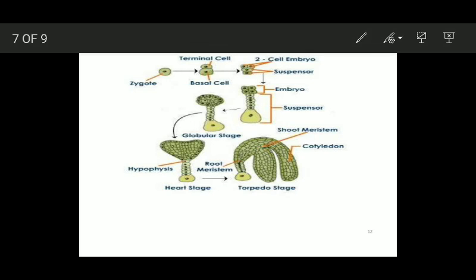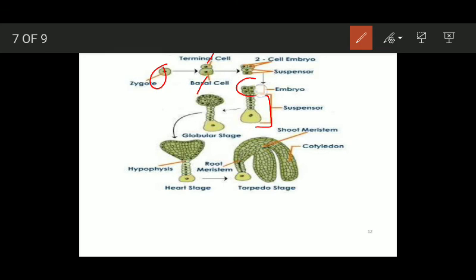Here you can see how embryo development takes place in dicots. You have the zygote, it elongates and divides, forming a terminal cell or apical cell and a basal cell. The basal cell forms the suspensor, a 6 to 10 cell suspensor.